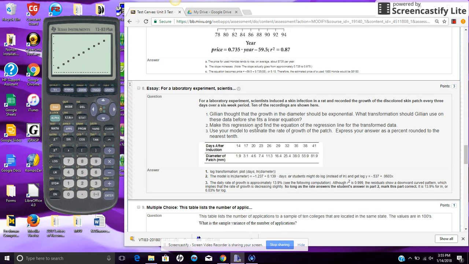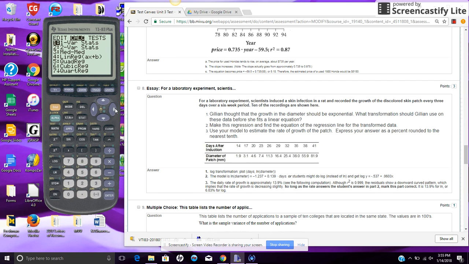It says make this regression and find the equation of the regression line for the transformed data. So we want a model. We're going to go to stat, calculate, and we want a linear regression. And what do we want to do a linear regression on? L1 and L3. So we have to specify that and say L1, comma, L3.